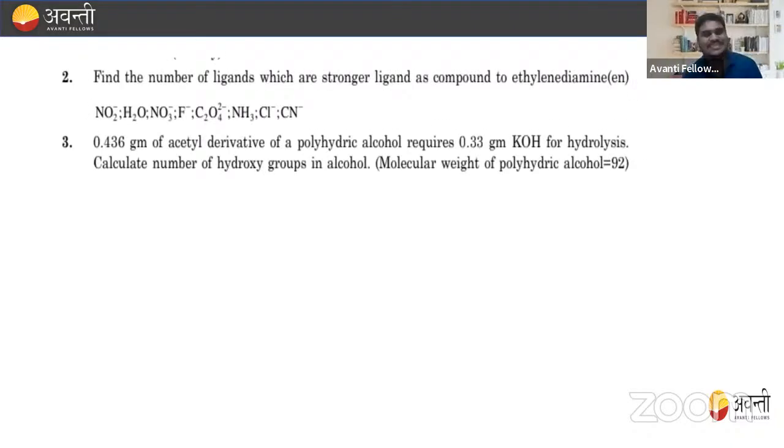Move to the next question. That is, find the number of ligands which are stronger ligands as compared to ethylene diamine. You have to identify the ligands which are stronger than en, right? So which of the following is stronger than en? We have only two, like CN and NH3.